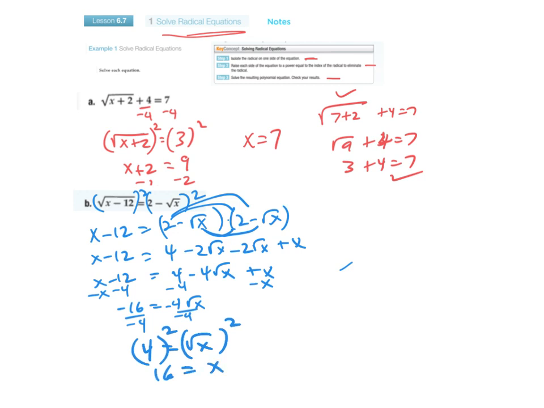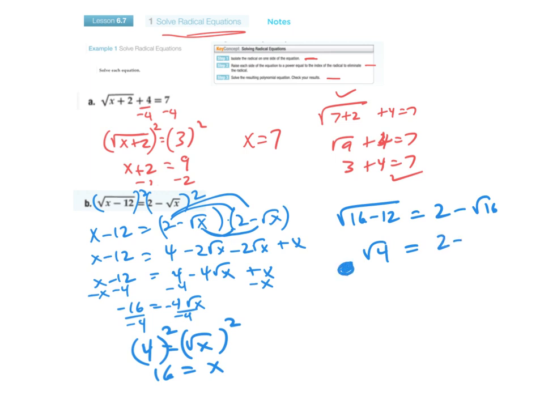So now we'll do a quick check. If I put in radical 16 minus 12 equals 2 minus radical 16, this is radical 4 on this side.